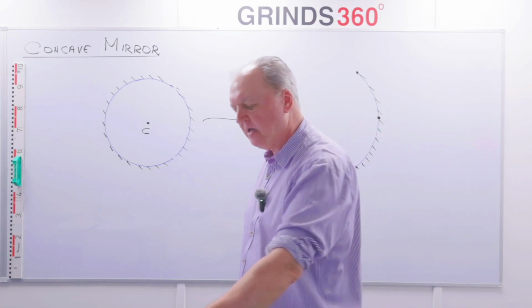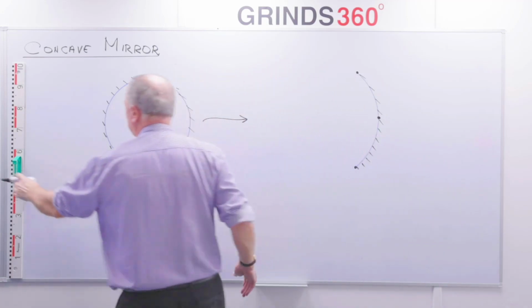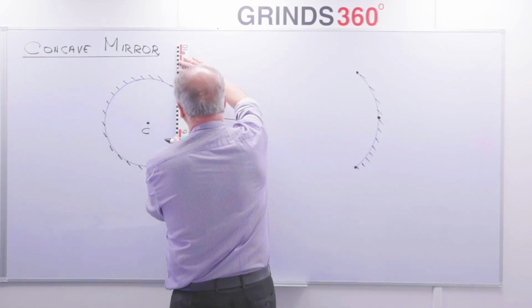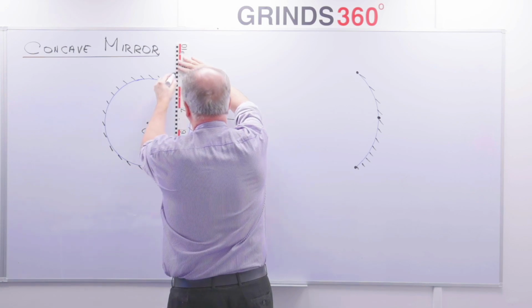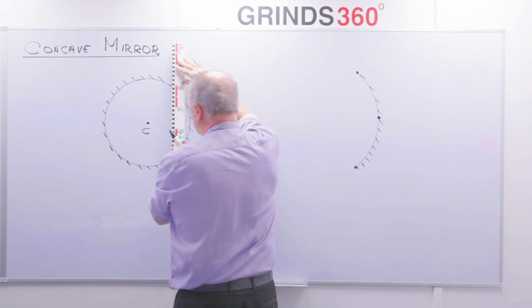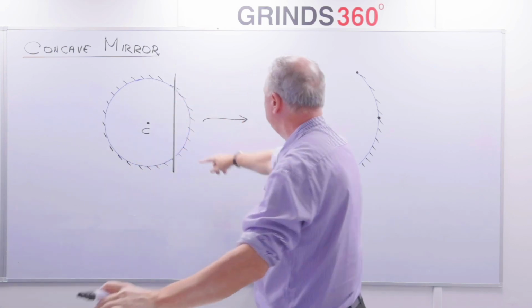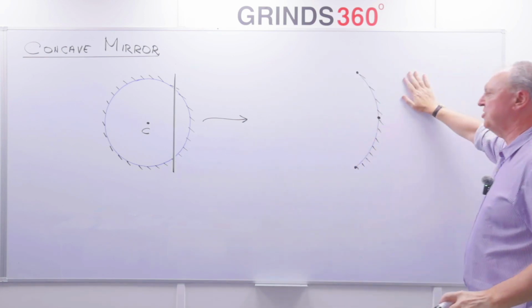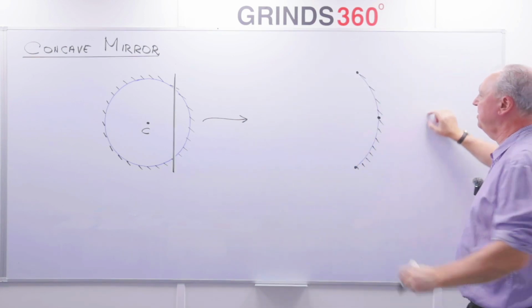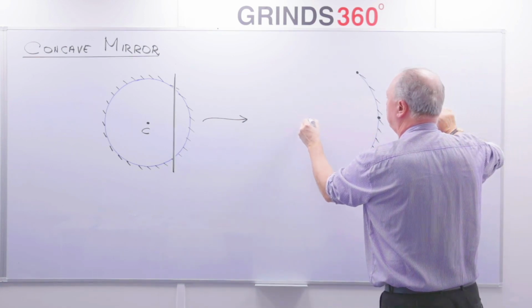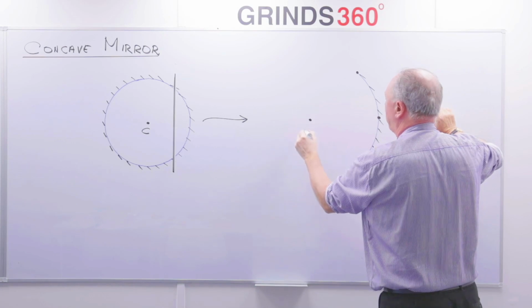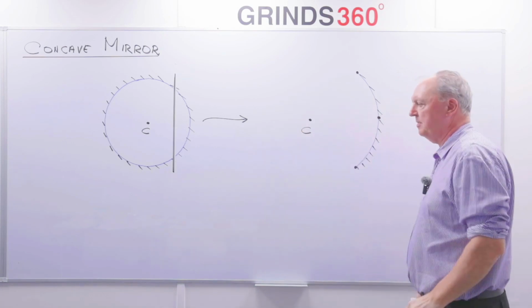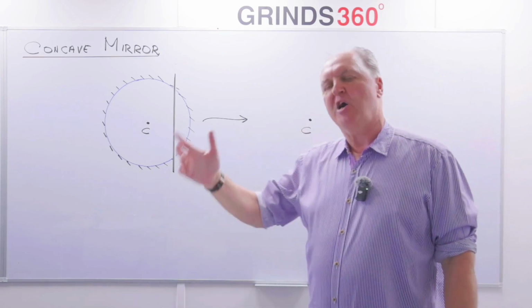So how do I make my concave mirror? I get that sphere and I cut off a section from the mirror. So let's say I cut off that section there, and then I bring it over here. So there you can see, there's the mirror, and here's my center from that mirror. That's my concave mirror now.